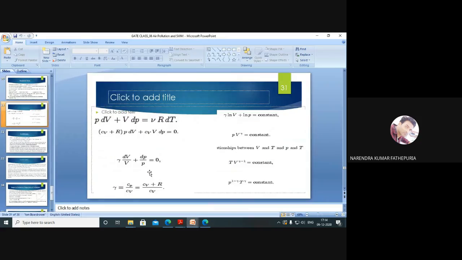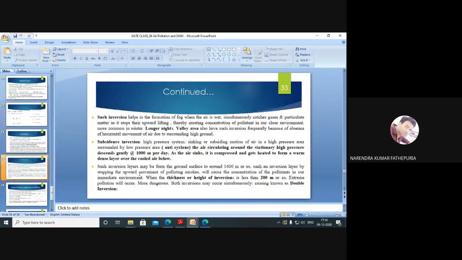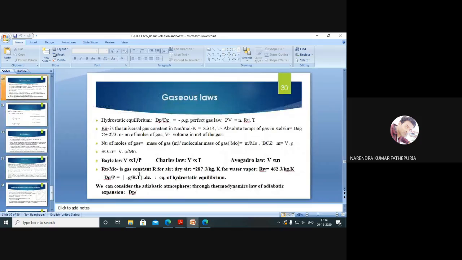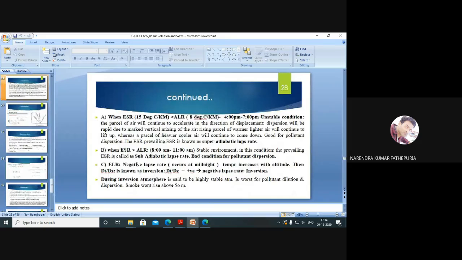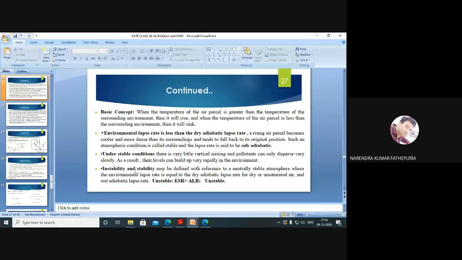So here we have gone through this behavior, explaining about the stable conditions, neutral condition, stable condition.